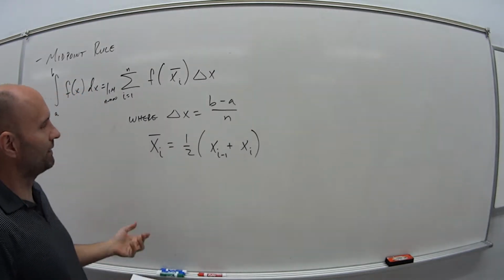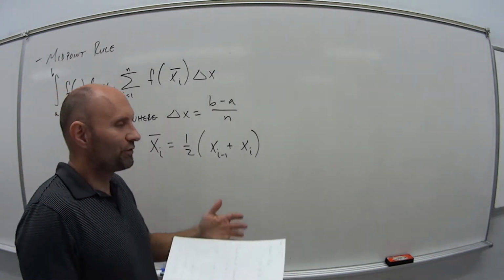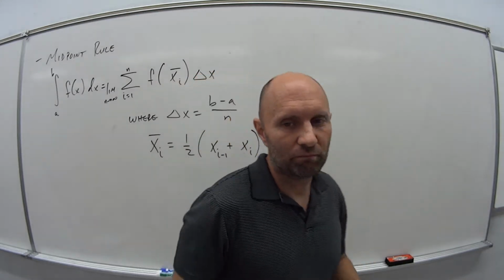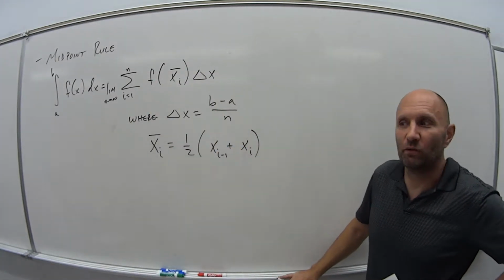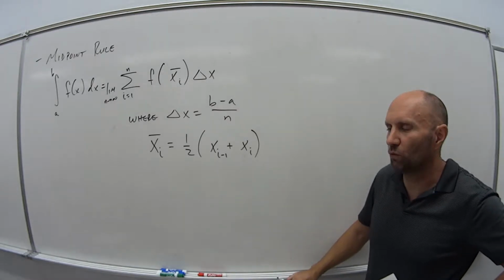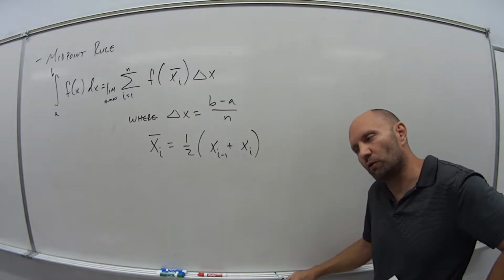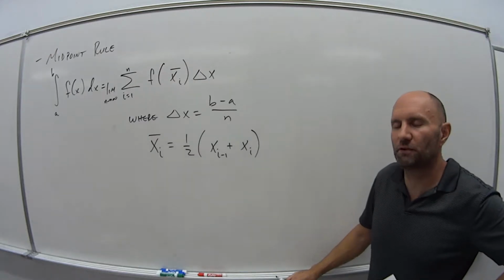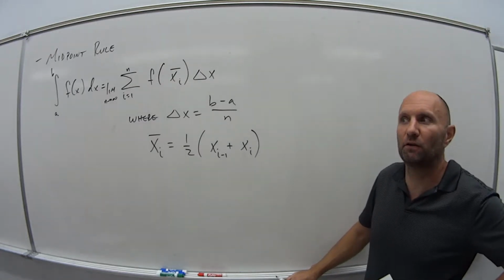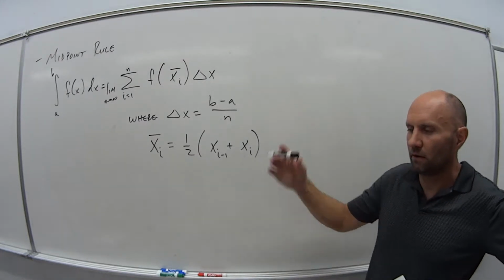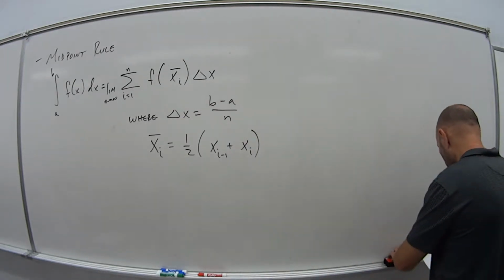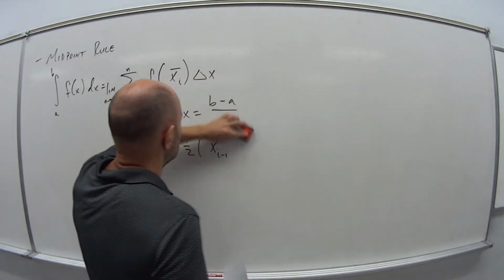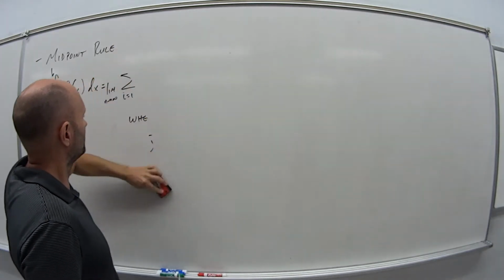So again, it's nothing special, it's just somebody else, probably for their doctorate thesis, like, oh, nobody's taken the midpoint, so I'll do the midpoint and make that my midpoint rule. So instead of the left endpoint or the right or a random value within the interval, somebody probably made a ton of money by coming up with the midpoint rule. So it's the same idea, just picking a different spot.